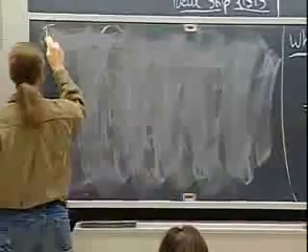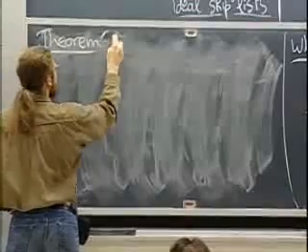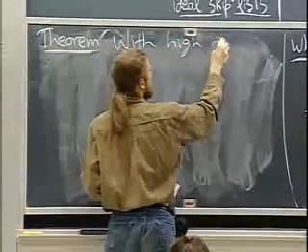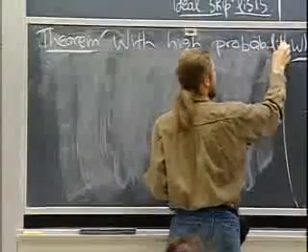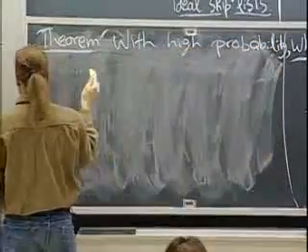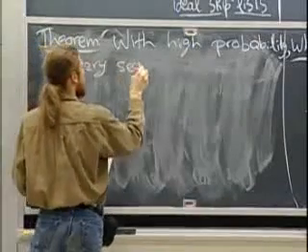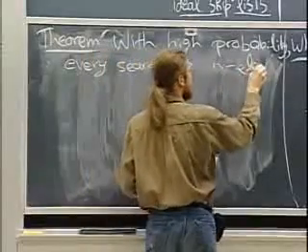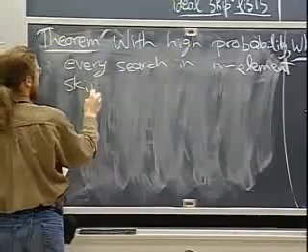So here's the theorem. Let's see exactly what we're proving first. With high probability, this is a formal notion, which I will define in a second. Say, every search in n element skip list costs order log n.